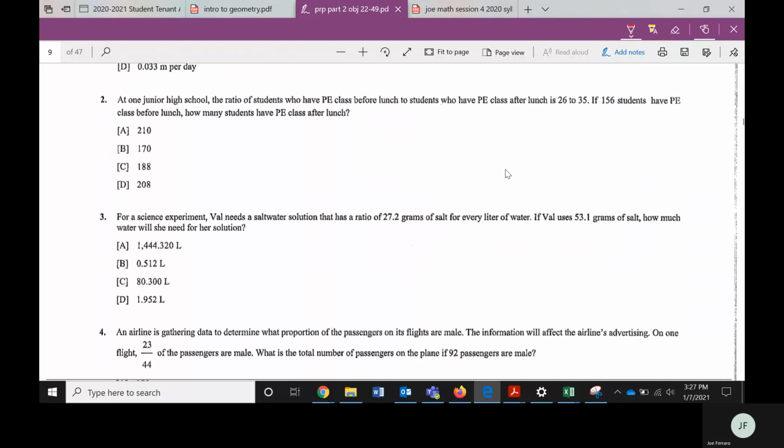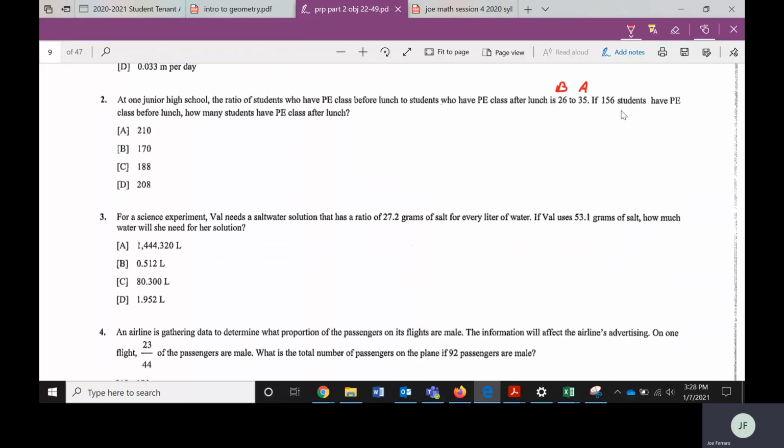Number two, at one junior high, the ratio of students who have PE class before lunch to the students who have PE class after lunch is 26 to 35. So 26 is before lunch, 35 is after lunch. Remember how they present ratios? It says before lunch to after lunch.